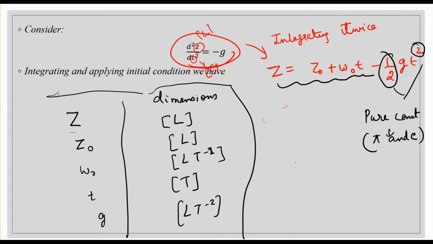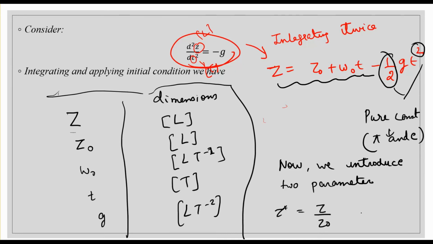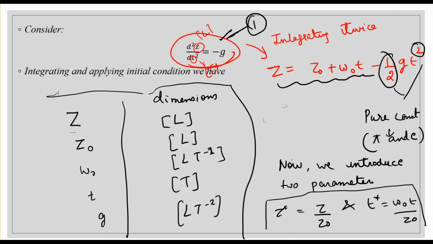Now what we will do, we will introduce two parameters. One is z star, which is equal to z by z naught, and t star, which is equal to w naught t by z naught. So if we substitute these values in this differential equation, which we call differential equation 1, what are we getting?